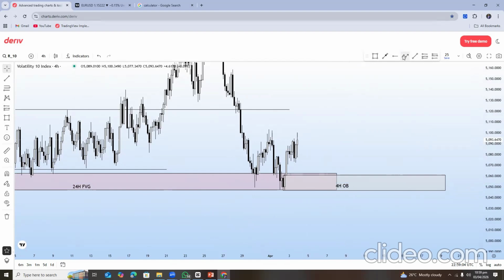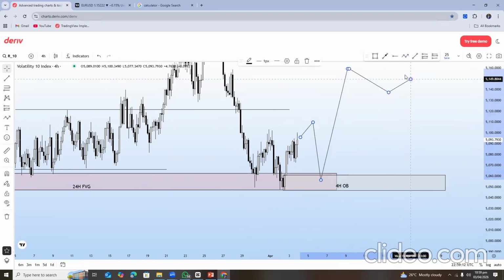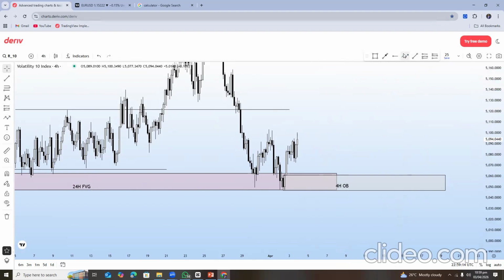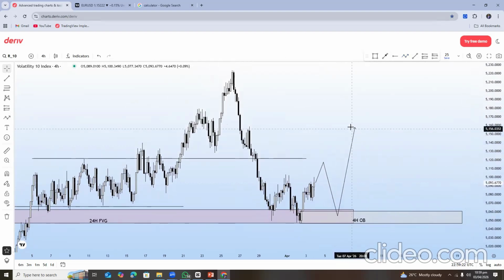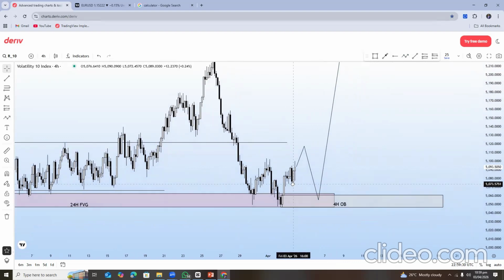Now we can expect price to trade back here and then we take our buys. This will be a very good buy. The price will trade back here, then we take our buy. This will be a crazy buy. If we have this condition, it will be serious.